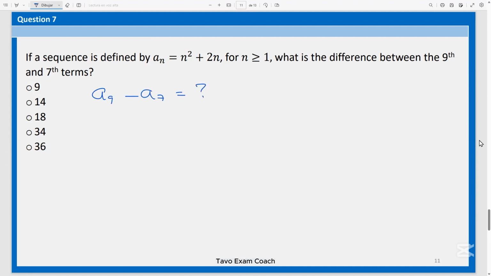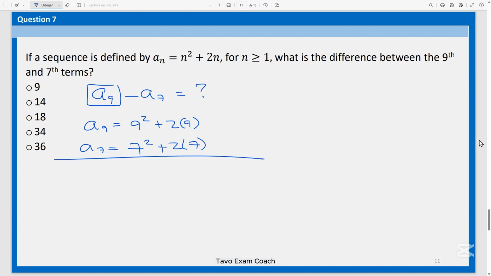We're supposed to give this difference. Let's calculate or express the first term, a sub 9, in terms of a formula. It would be 9 squared plus 2 times 9, while a sub 7 equals 7 squared plus 2 times 7.